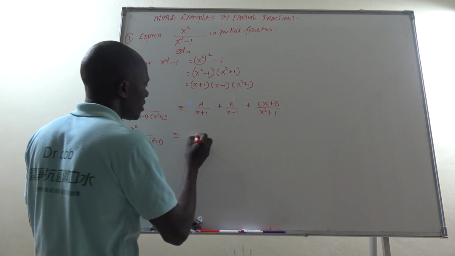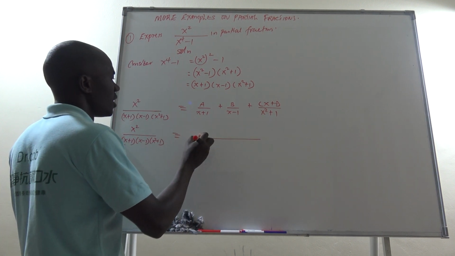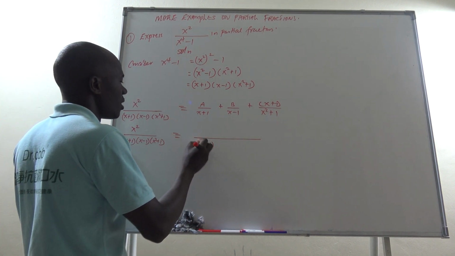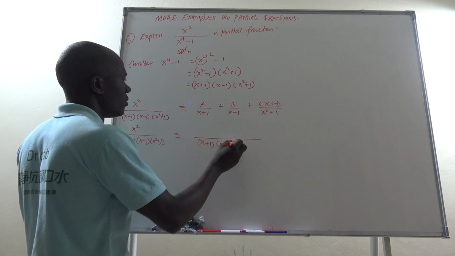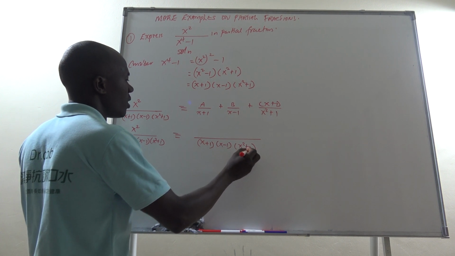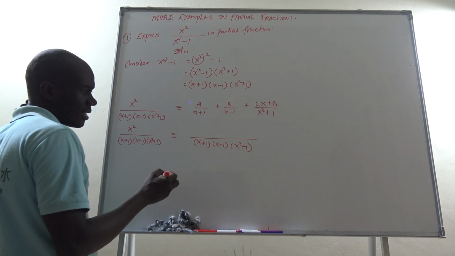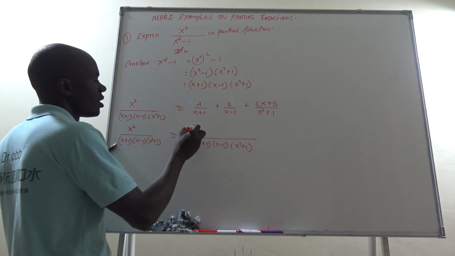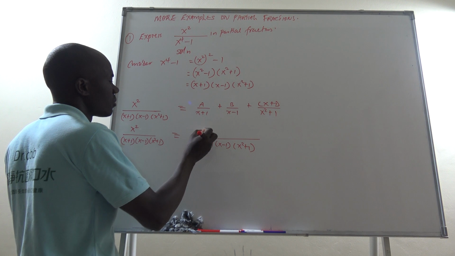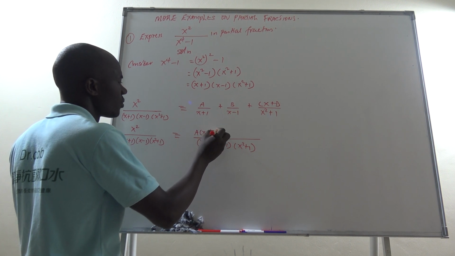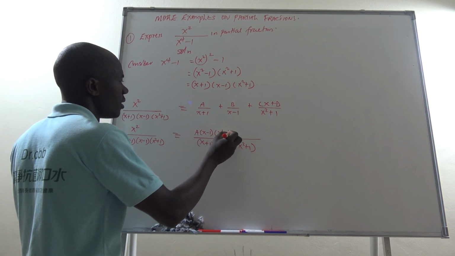Dividing the LCM by x plus 1, we remain with a into x minus 1 into x squared plus 1.